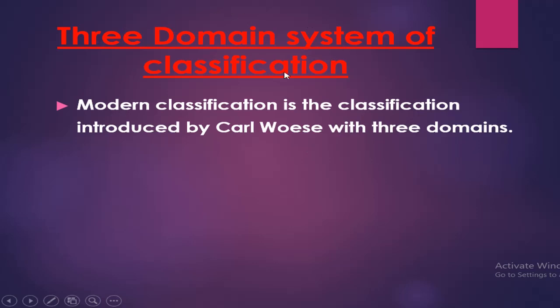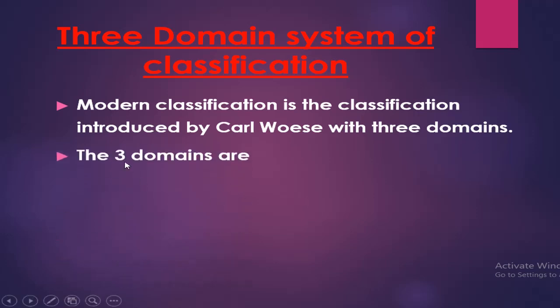This three domain system was introduced by the scientist Carl Woese. So now we are discussing the modern method of classification in the world.